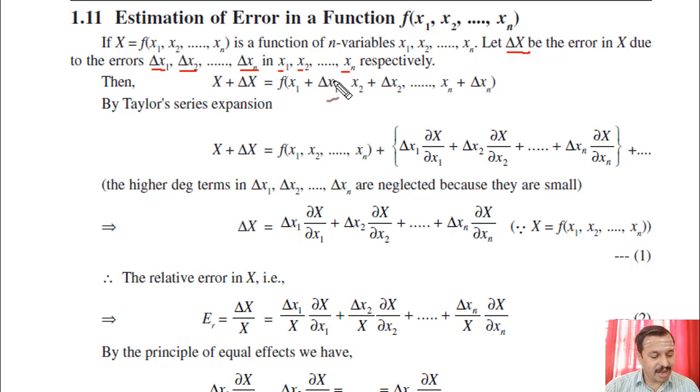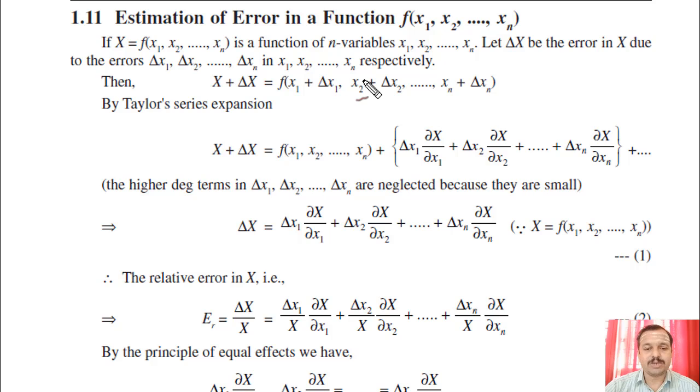Now we can write x plus delta x as f of x1 plus delta x1, x2 plus delta x2, ..., xn plus delta xn. This is quite trivial, because when x is f of x1, x2, ..., xn, x plus delta x will be f of x1 plus delta x1, x2 plus delta x2 and so on.